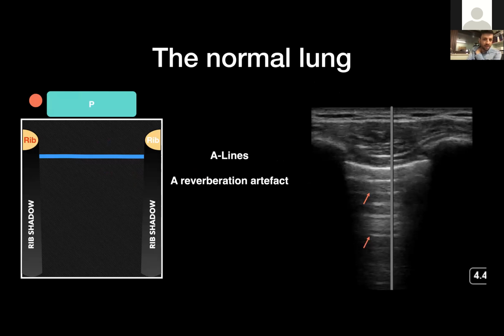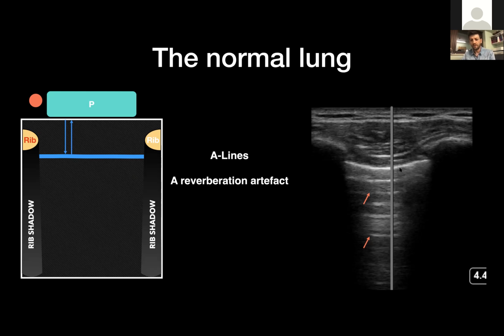Anna has already touched on A lines, but we'll go through those again. These are things that we're going to see quite often, and it all lends itself to the echo range principle. You have an ultrasound beam coming away from the probe, hitting the pleural line and reflecting back. The time that takes plots one line at a certain distance away from the probe.